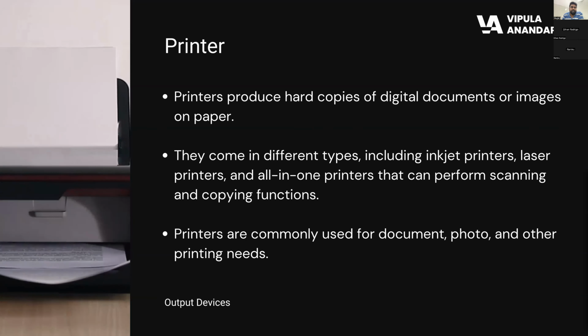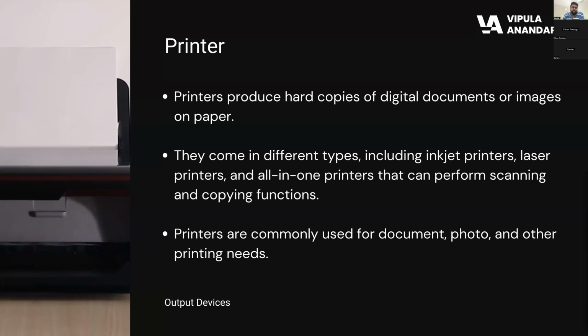Otherwise, the laser printer works in a different way, where it fuses the black ink or the colored ink using a magnetic and a heat process, so that it will fuse the ink with the paper.